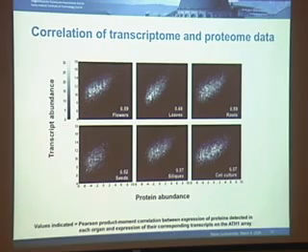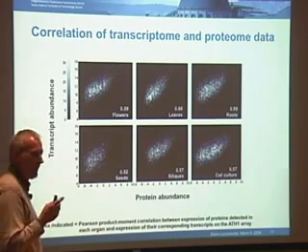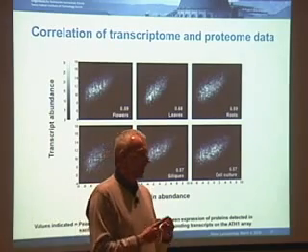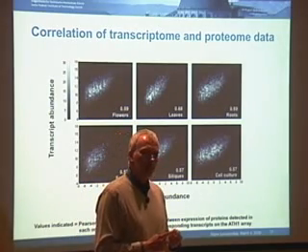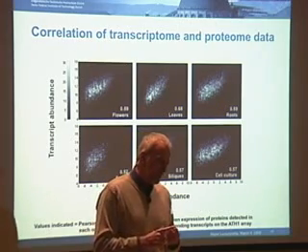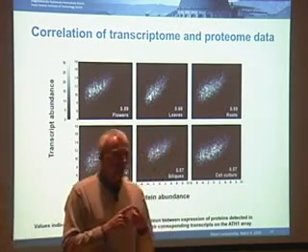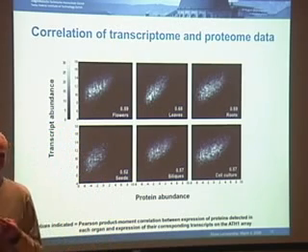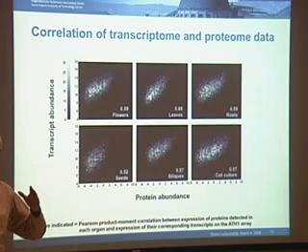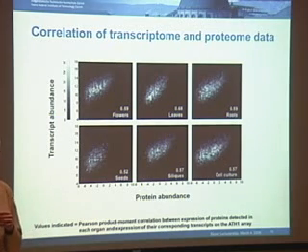You don't get a straight line that you would expect to get if there's a strict correlation between the expression of the gene and the accumulation of the protein. So in other words, if the protein is under strict transcriptional regulation, then you would expect to see a strict correlation also between the accumulation of the RNA and the accumulation of the protein. That's not what we're seeing.